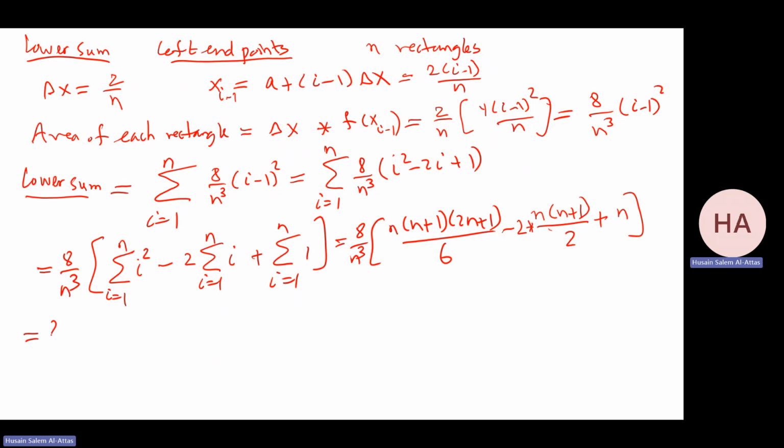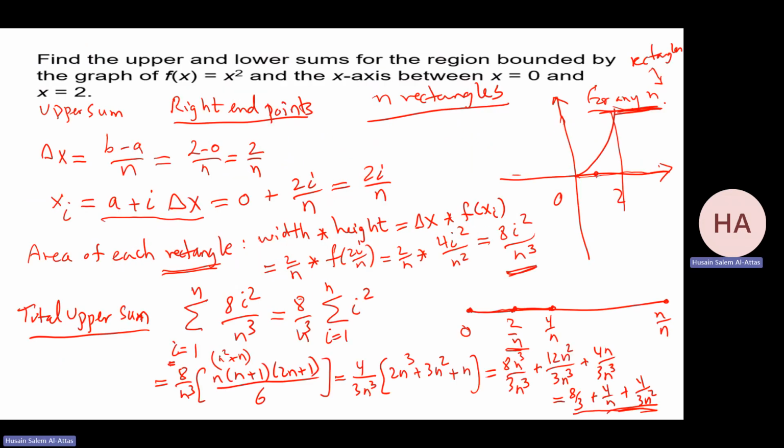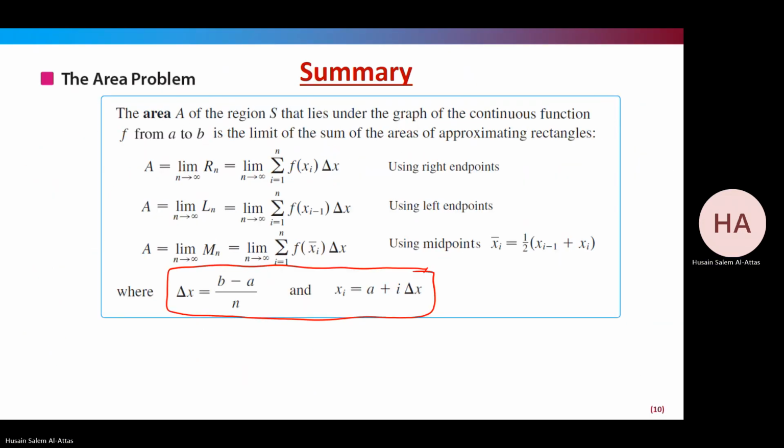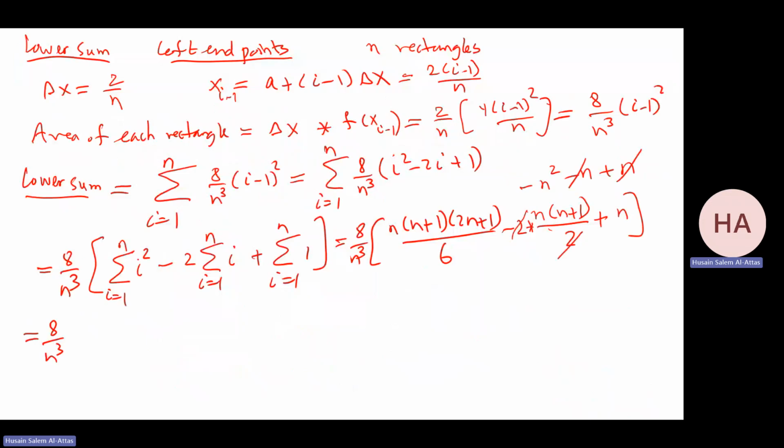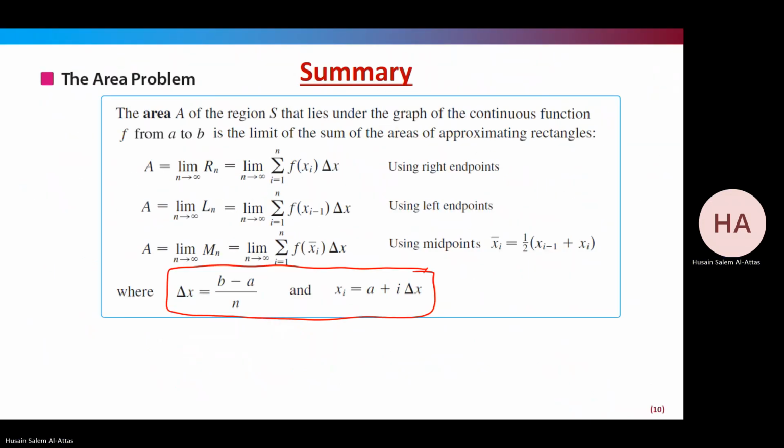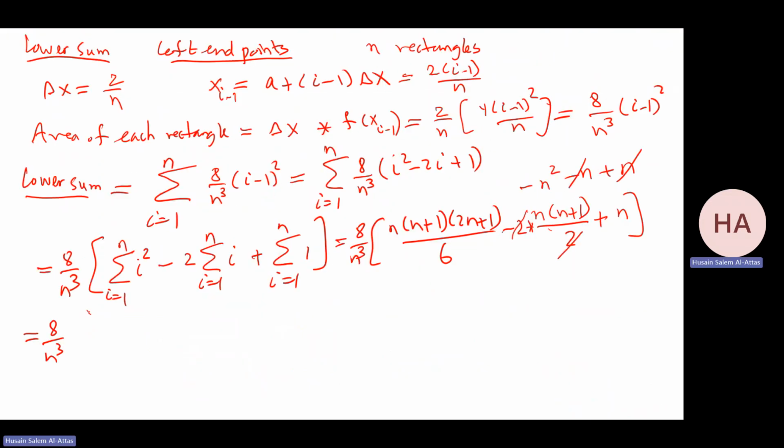Now let us do the calculation. 8 over n cubed. Here I have what? This is cancelled. So I have minus n square minus n plus n, which is minus n square. So I have this, which we did before, correct? n times 2n cubed plus 3n square over n. Where is the space? Yeah, here.